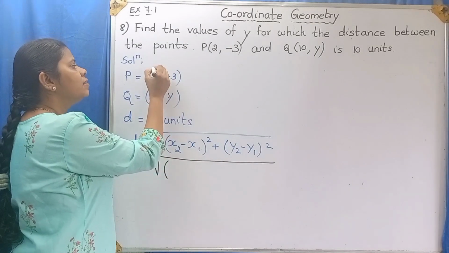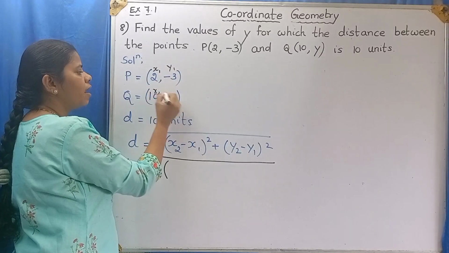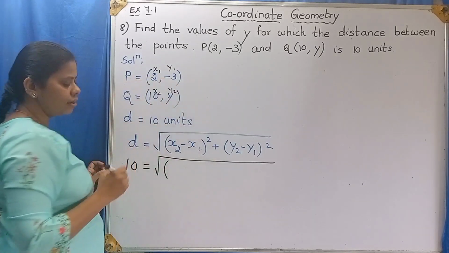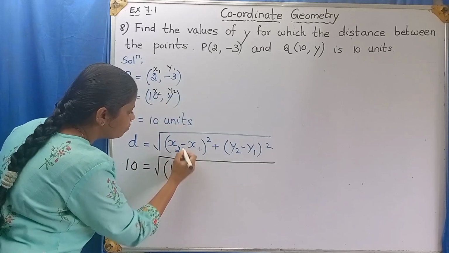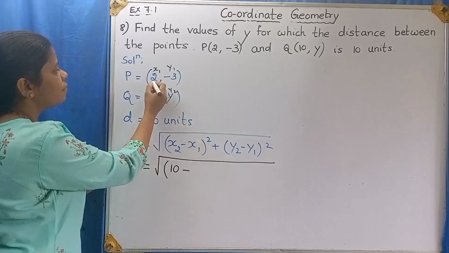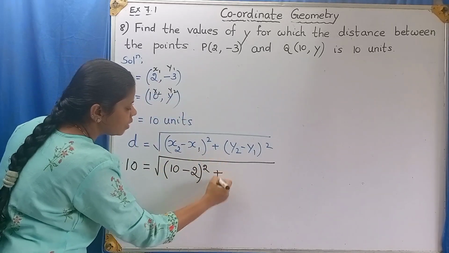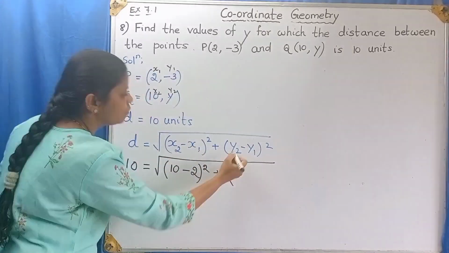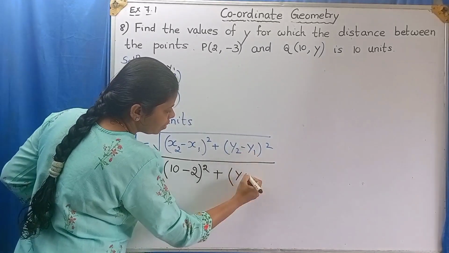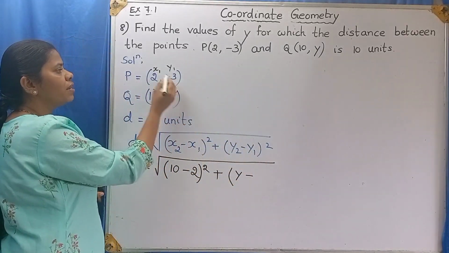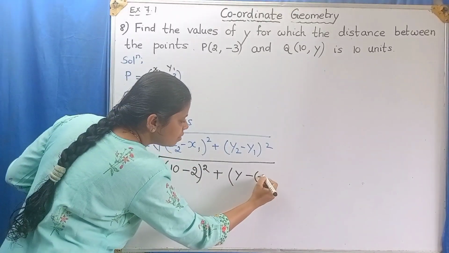This is our x1 and this is our y1. This is our x2 and this is our y2. The value of x2 is 10 minus x1, x1 is 2, the whole square. Plus, the value of y2 is y, y minus y1. The value of y1 is minus 3. Since it is minus 3, let us take this in the bracket.